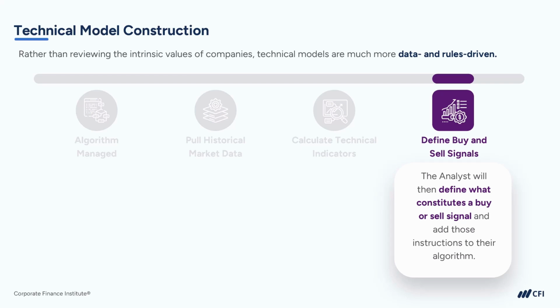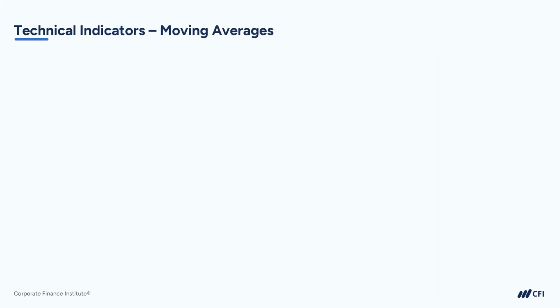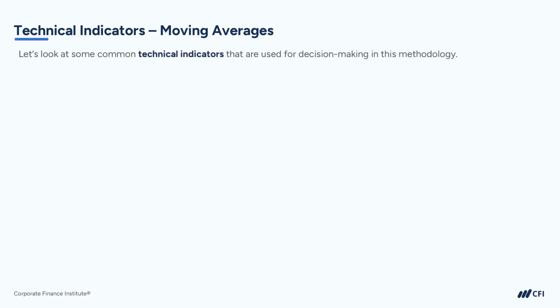Essentially, this is how trade ideas are generated by the algorithm, and the opportunities that the analyst or advisor has the highest amount of conviction in can be added to their model. Now that we know how technical models are built and managed, let's have a look at some common technical indicators that are used for decision-making in this methodology.